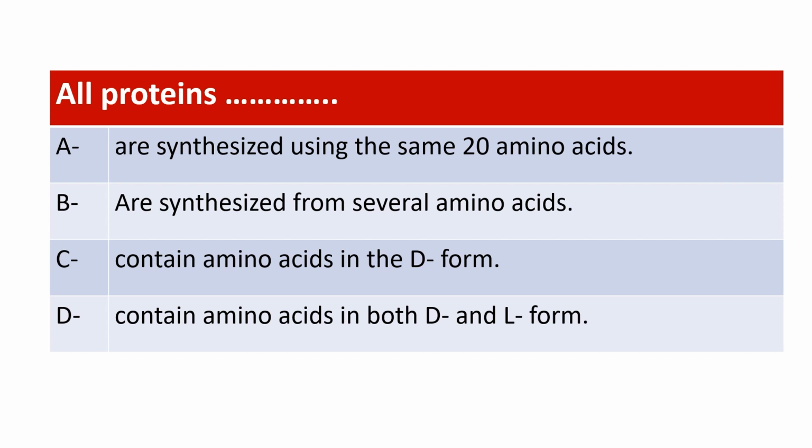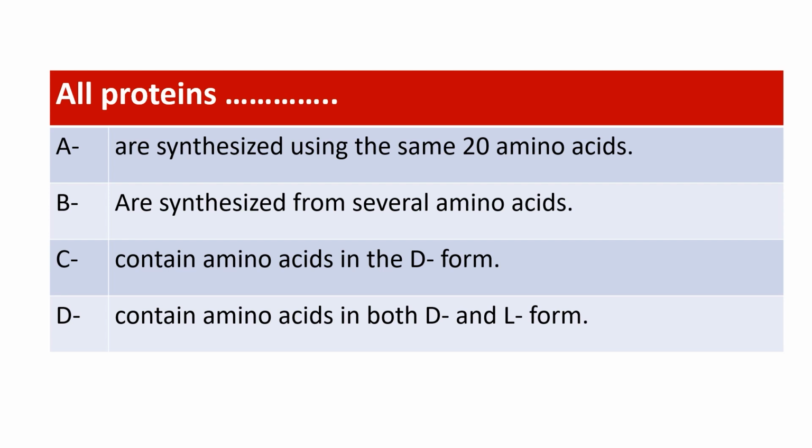So remember, the building blocks of proteins are amino acids. And proteins in living organisms are usually composed of 20 different standard amino acids. Almost all of these amino acids are in the L form. D form amino acids are rarely found in protein structure and are usually found in the cell walls of some bacteria, or in some antibiotics, or in some different organic molecules.